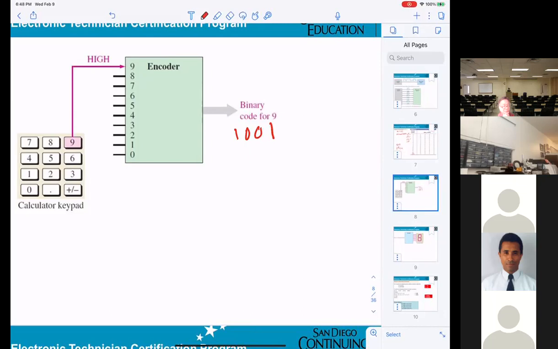Okay, yeah. The thing is, everything inside calculation or computer, they don't understand number 9, but they understand 1001. So that's why they need encoder. That IC, whatever you're typing in, they send it out binary. Okay?